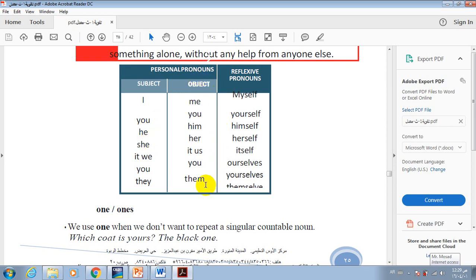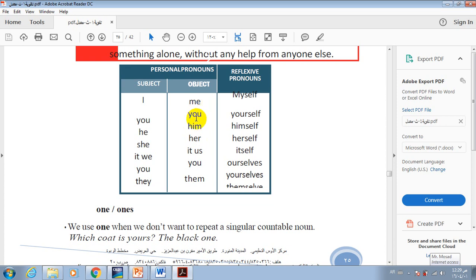And object pronouns, we use them after the verb or after some prepositions. He gave me a book. Here we put the object pronoun after the verb gave.